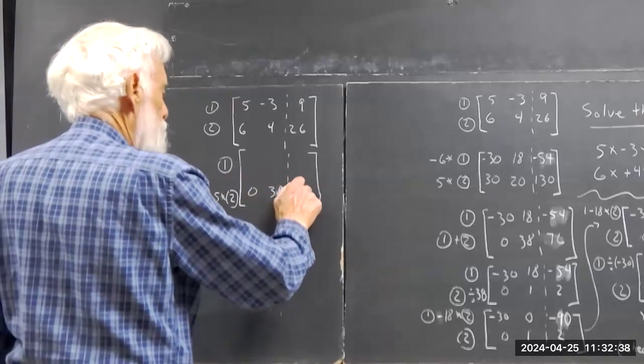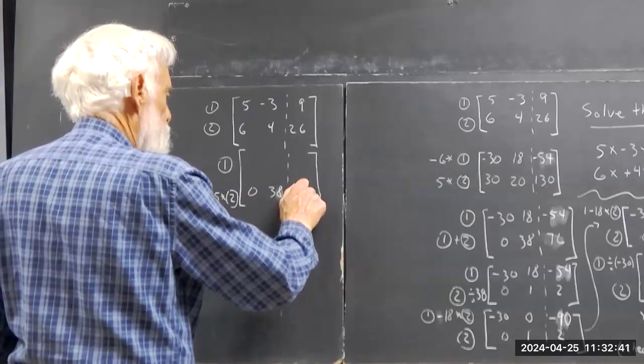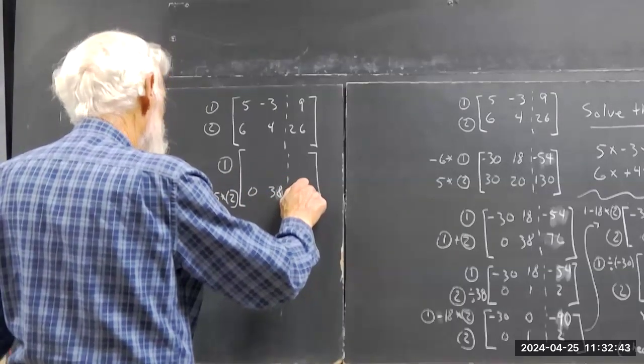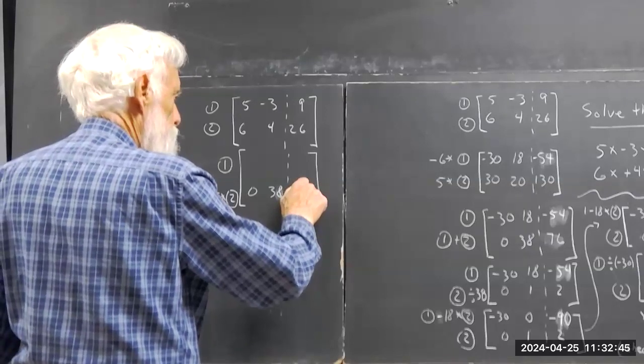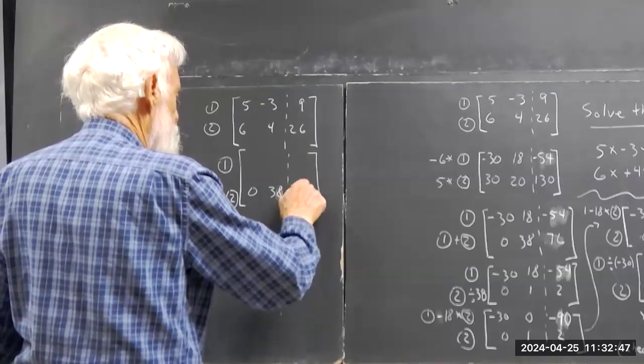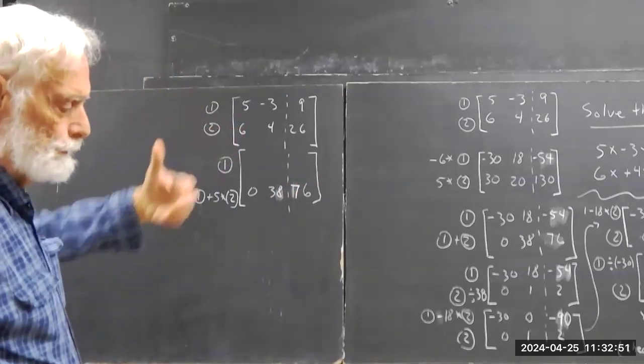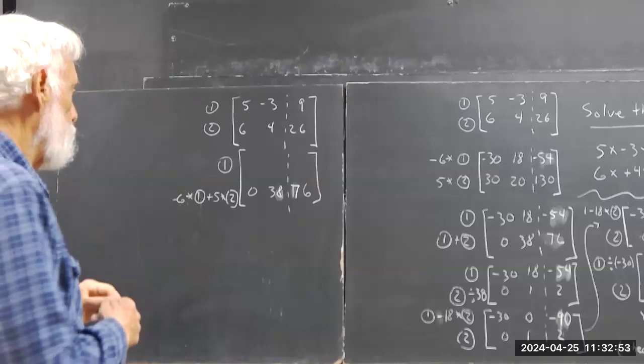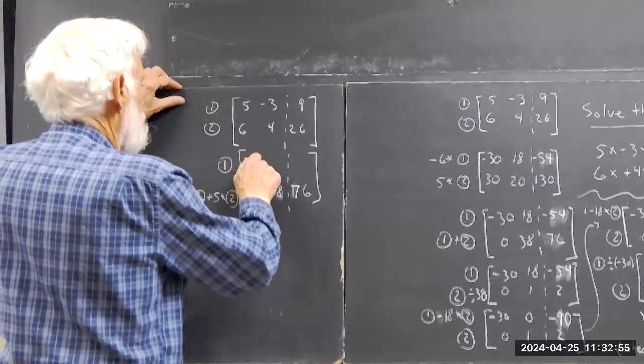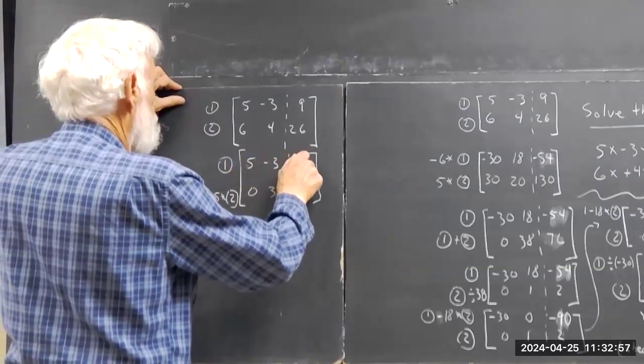I add those up, I get 76. 130 minus 54. Okay. Row 1 is just row 1, so I write row 1 down here.